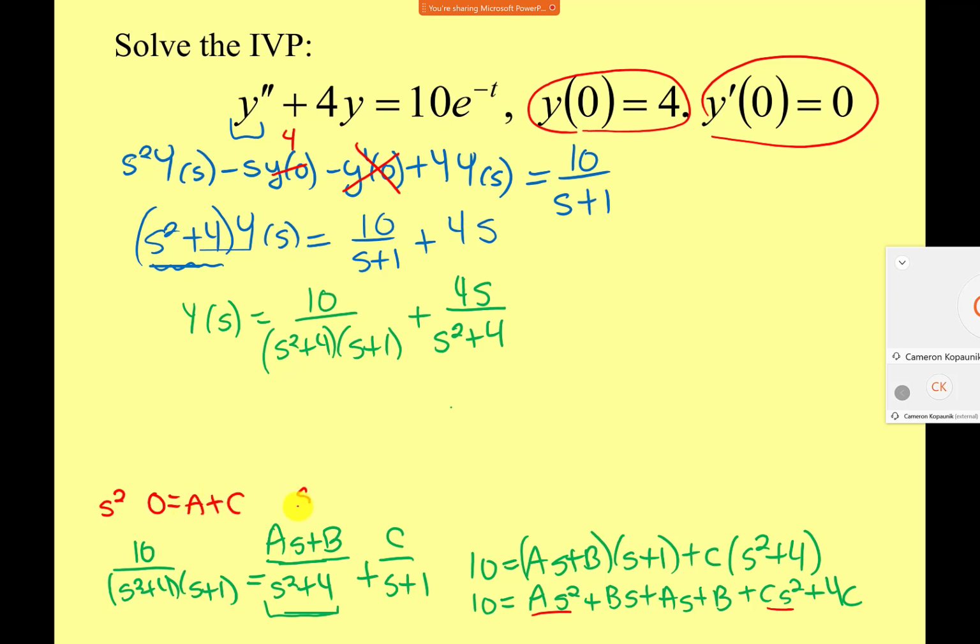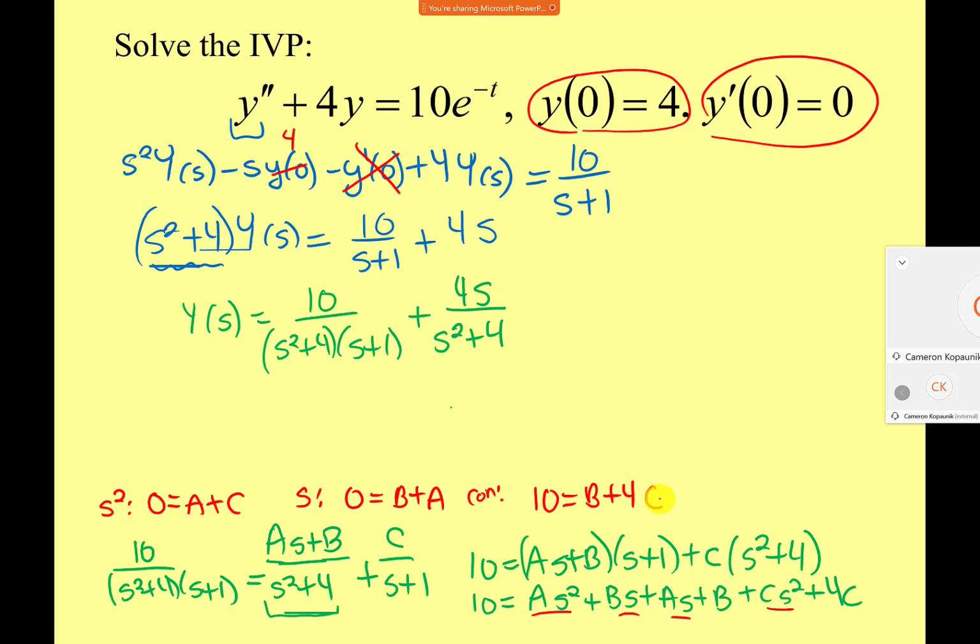Then I'm going to look at the s's. I have no s's on the left-hand side, and I have a B plus an A on the right-hand side. Then I'm going to look at the constants, and I have 10 on the left-hand side, and I have B plus 4C on the right-hand side.